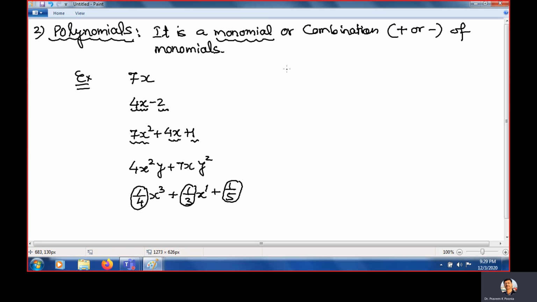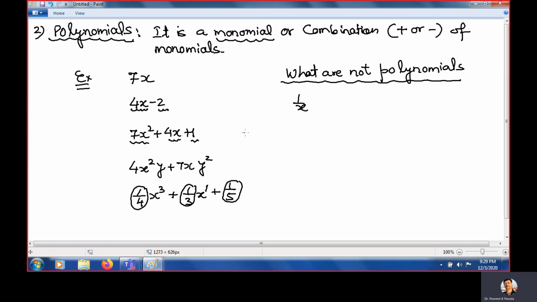Okay, so you will learn here what are not polynomials. What you need to learn here is that these are the polynomials. But what is not a polynomial? 1 upon x is not a polynomial.